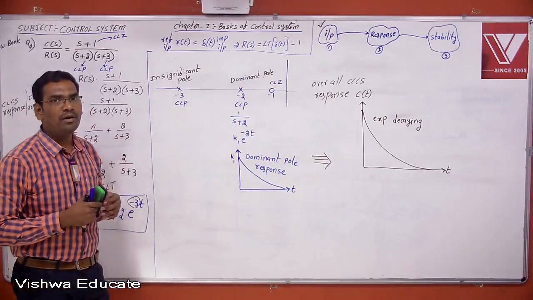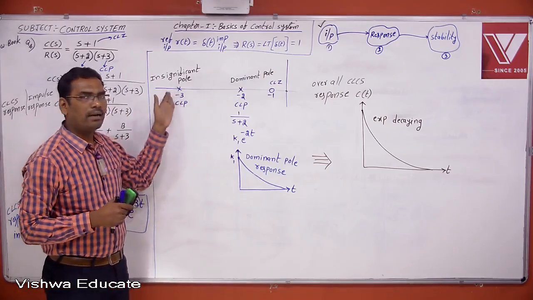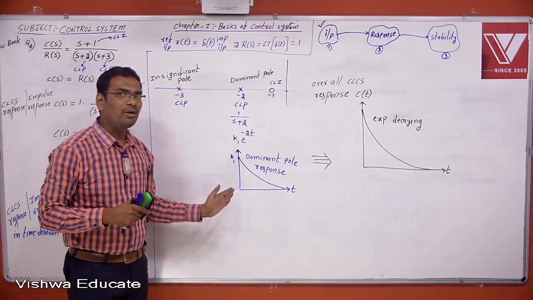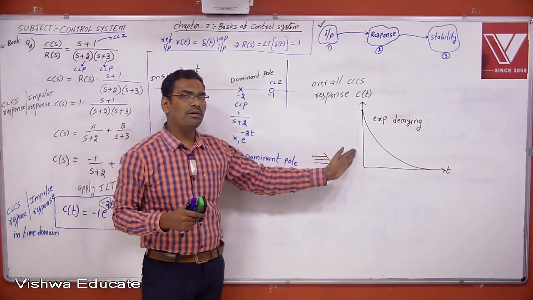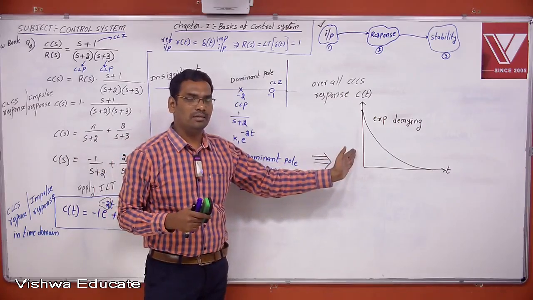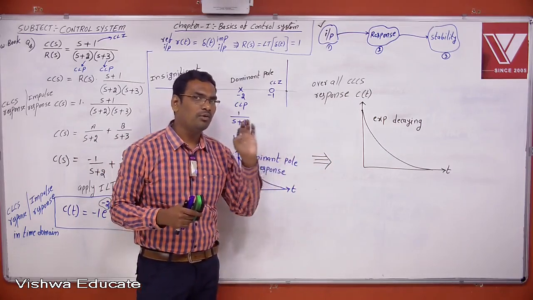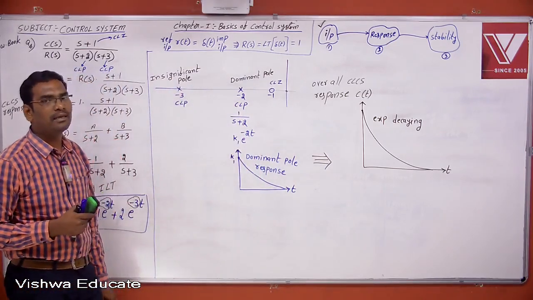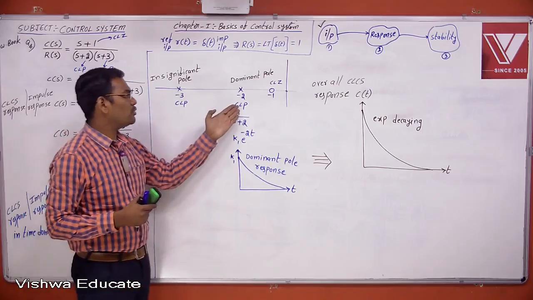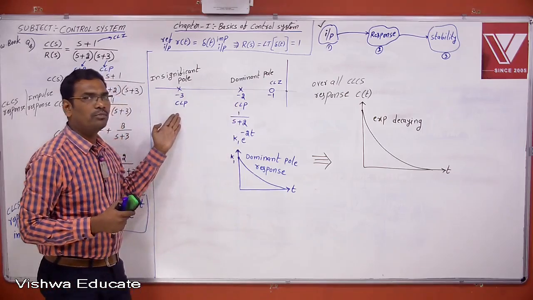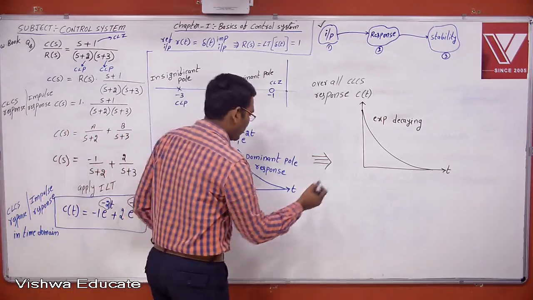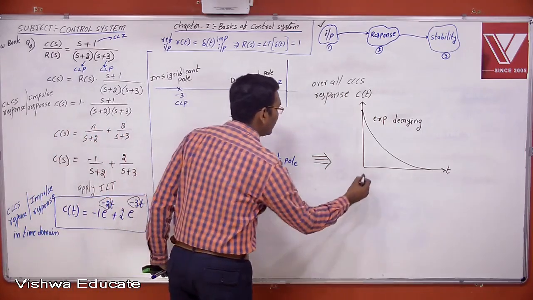But what you are doing is, you are not taking care of the insignificant pole, you care only about the dominant pole, and you decide the overall closed loop control system response. Is that the correct method or not? You may question, sir, this is a closed loop pole, this is also a closed loop pole, then how can you decide the overall closed loop control system response only by looking at the dominant pole?